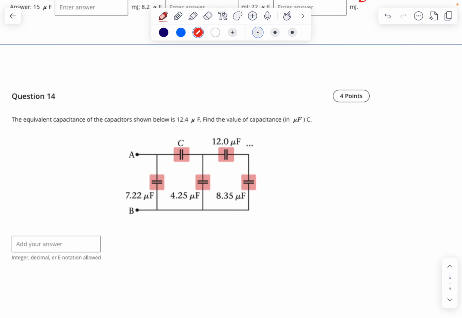The equivalent capacitance of the capacitors shown below is 12.4 microfarad.